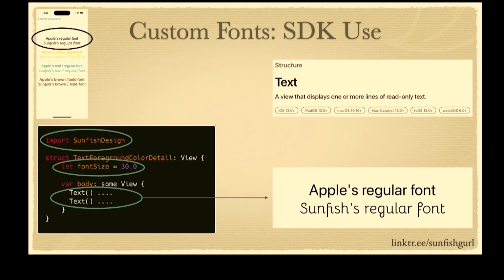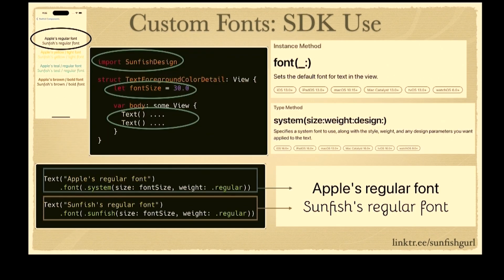And here's where I add my code to display the two text boxes. I also created a variable called font size so I can use it throughout the view. And here's how you use both the regular Apple System font and your custom Sunfish regular font. Notice how you use the same font view modifier syntax to display both. Next, I'll explain how this is done.